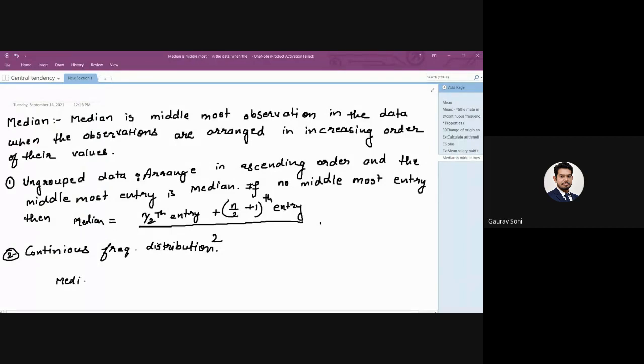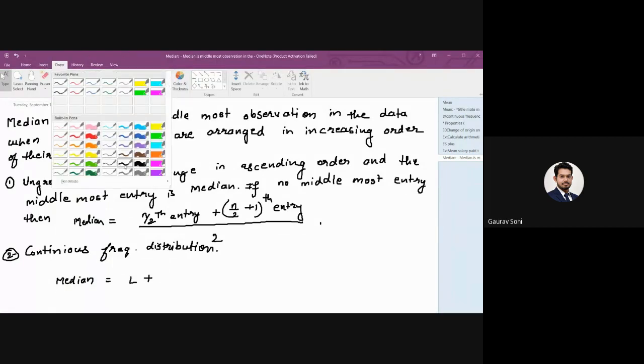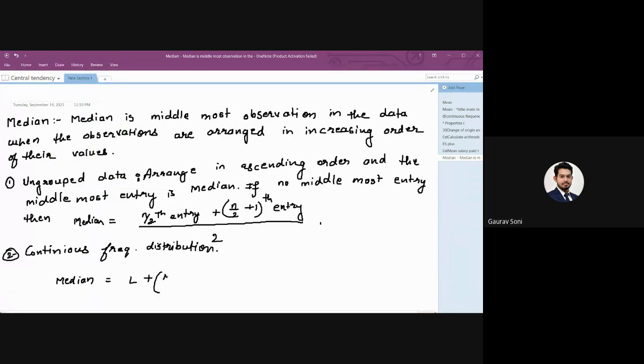Median is equal to L plus (N by 2 minus C) divided by F, into H. Generally, writing it in this form is better to remember: L plus H by F into (N by 2 minus CF).